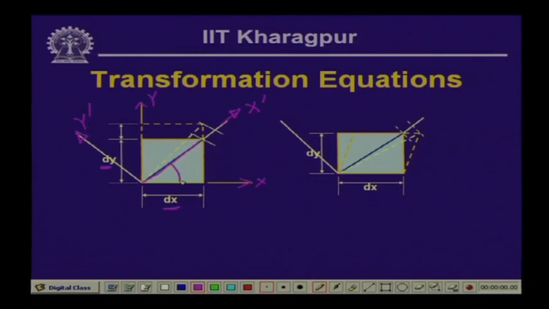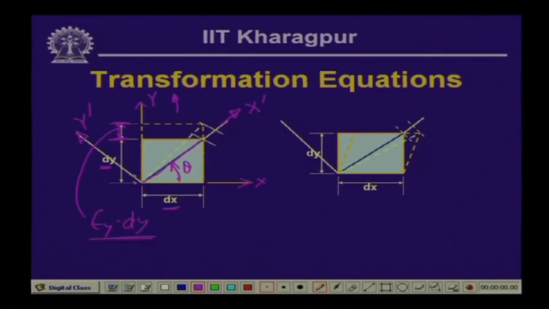This is the angle theta, and in the y direction it is undergoing extension, which from its original form is equal to epsilon y times dy.